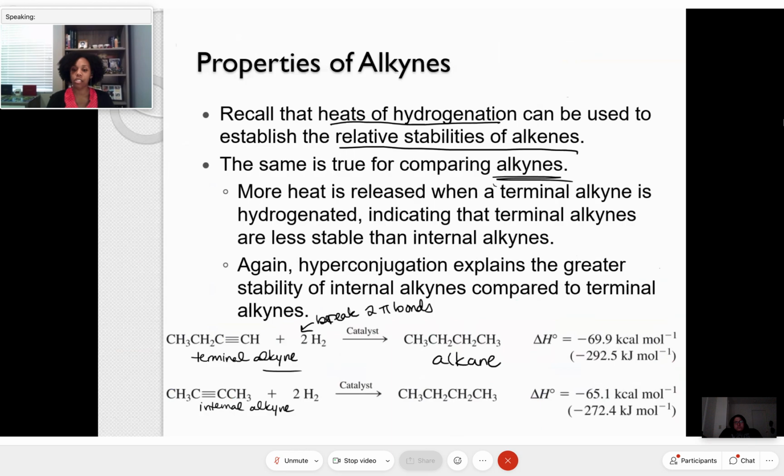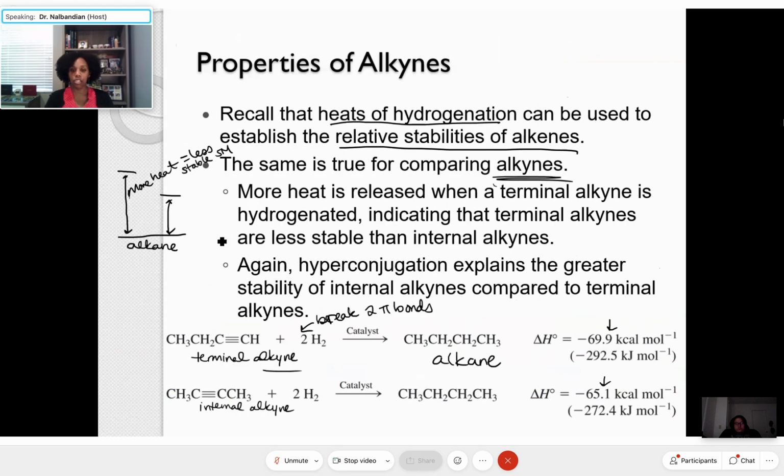We're doing the hydrogenation. So in this reaction, how much heat is produced? Well, for a terminal alkyne, more heat is produced than for an internal alkyne. So if we have more heat released, remember we're talking about everything getting to the same end where we have the alkane. And so we're seeing how much heat is released for one, how much heat is released for the other. More heat released is the less stable starting material.